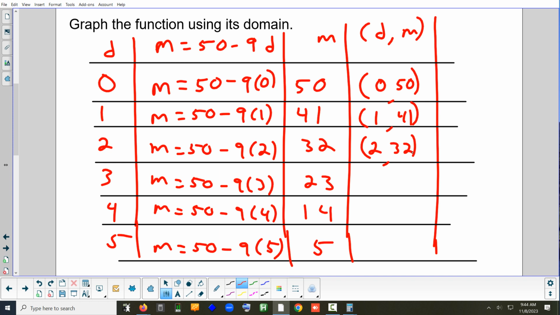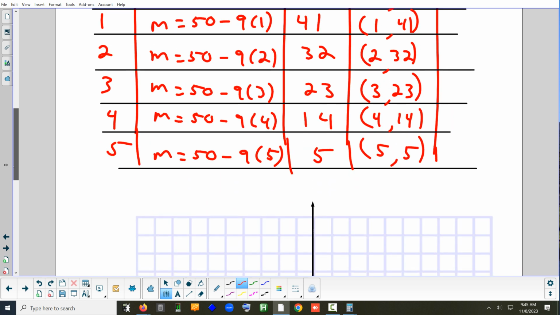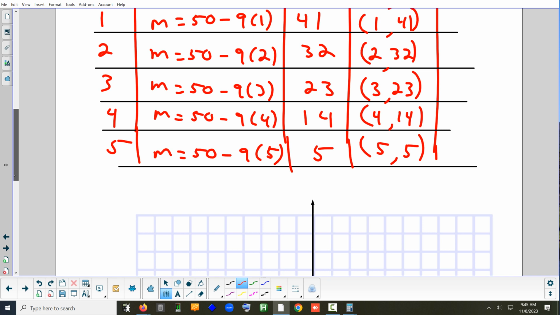We're going to have to make the axis probably go by 5s. Okay, the next coordinate, Evelyn? 3, 23. Lily, the fourth one? 4, 14. And the fifth one, Zach? 5 and 5. Yeah, all 5s. Nice.